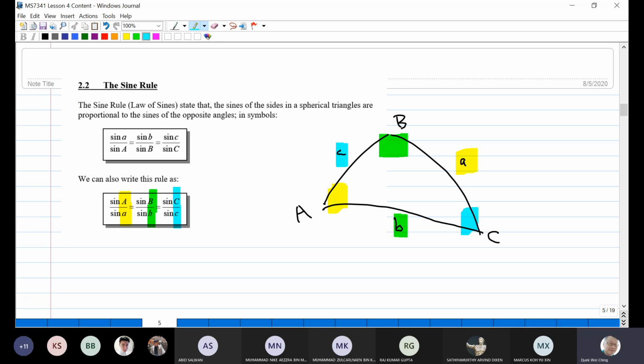This is called the sine rule for a spherical triangle.